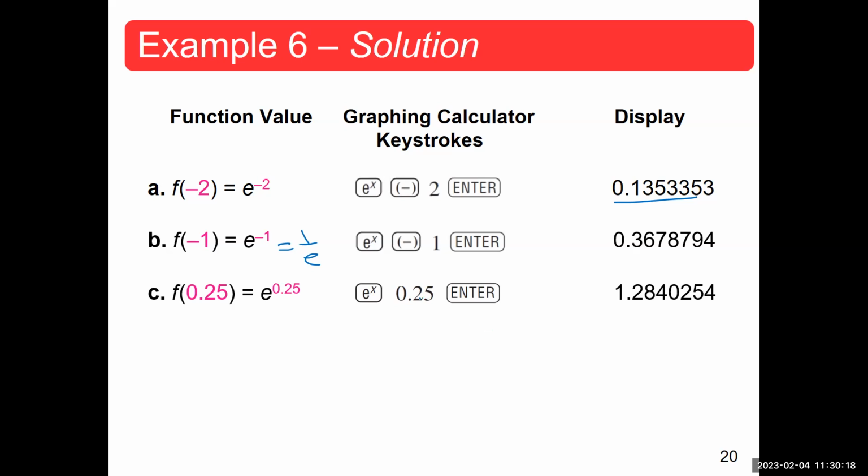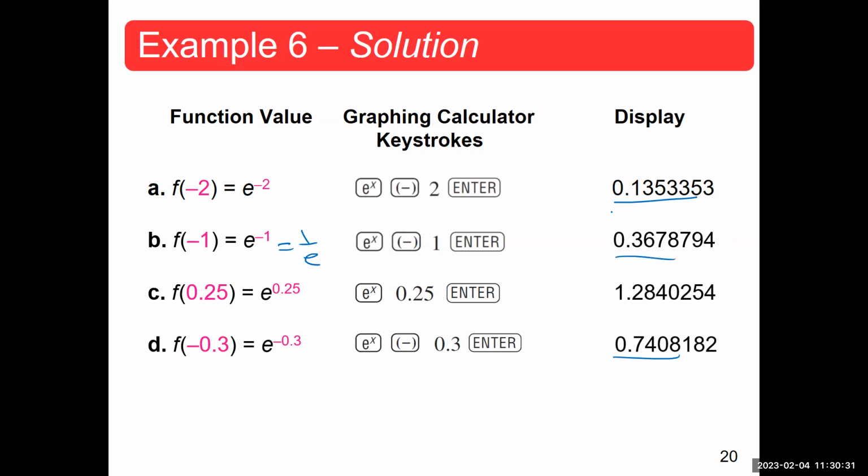In general, a positive power gives an answer greater than 1. When the power is negative, your answer is less than 1. You can see 3 examples where the power is negative.